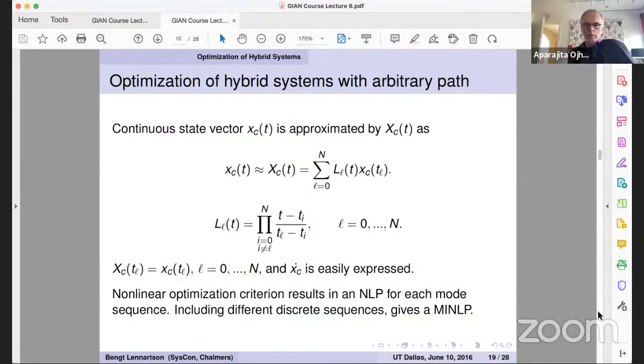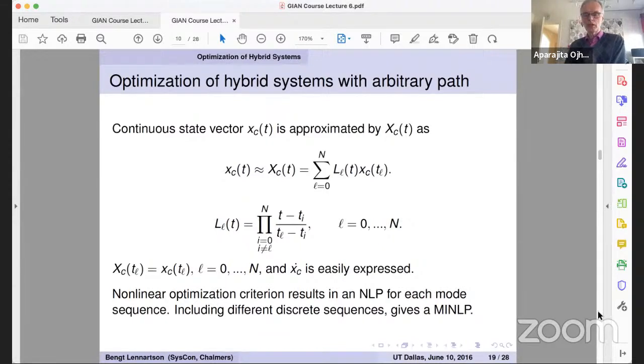So now we come to the introduction of hybrid systems, and how should we handle this? You could say that in all kinds of hybrid aspects, what we try to do is, of course, to make some approximations.